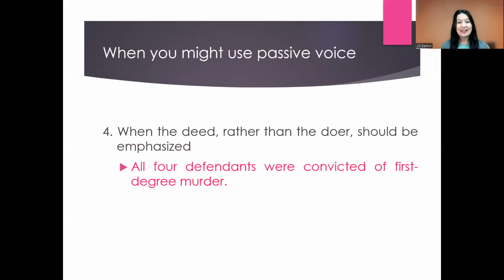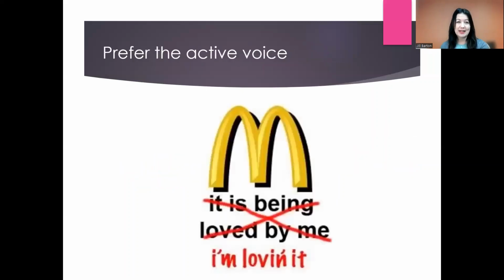And then finally, if you're talking about what happened in a case, for example, and you want to talk about that action, the object, rather than who did it. For example, if a judge or a jury convicted a defendant of something, you can shift the focus in that way as well. In general, though, we are going to prefer the active voice for the reasons we've already discussed.